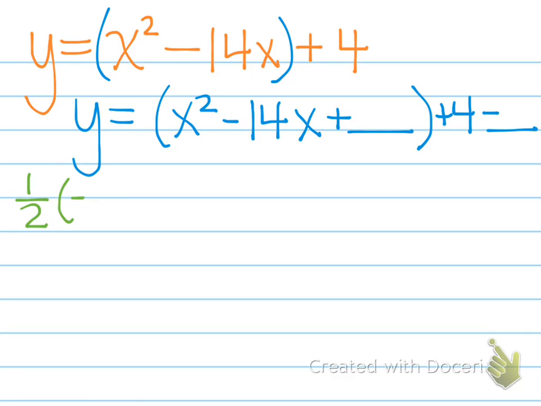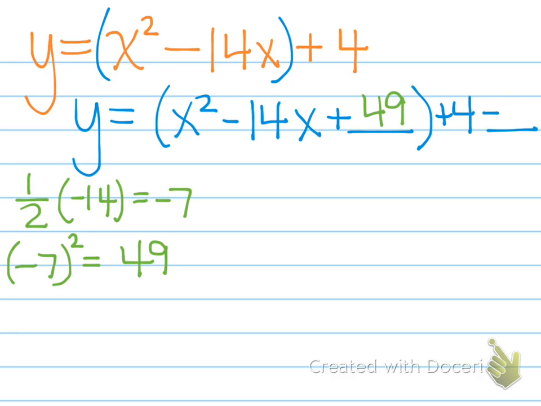1/2 times -14 gives me -7. Then I take -7 and I square it, and remember, it's going to be positive, 49. So I'm going to add in 49, and then I'm going to subtract 49. Okay, so now I'm going to factor this.